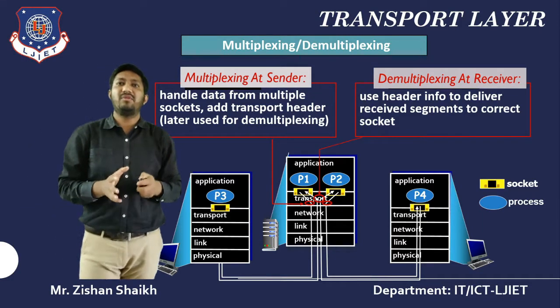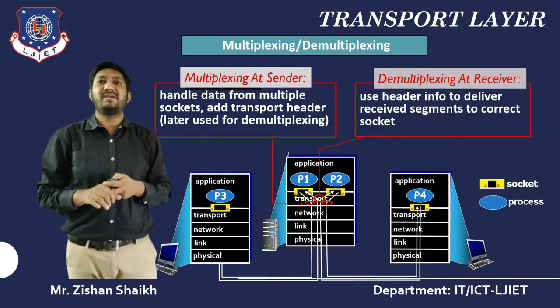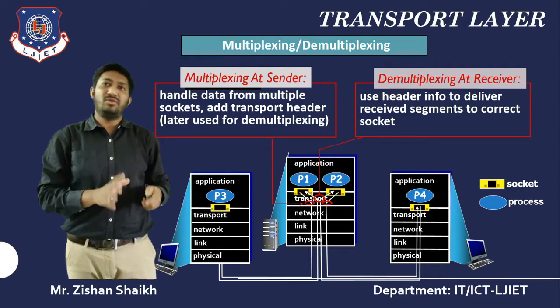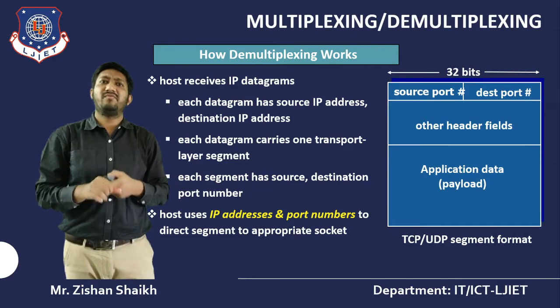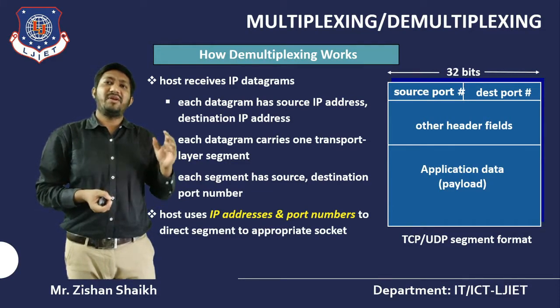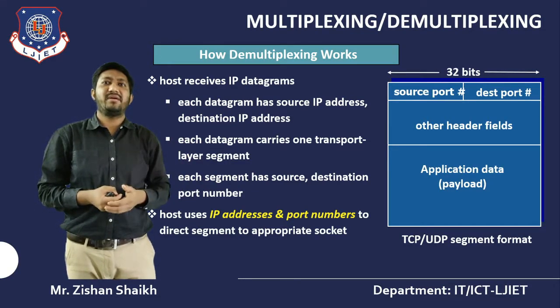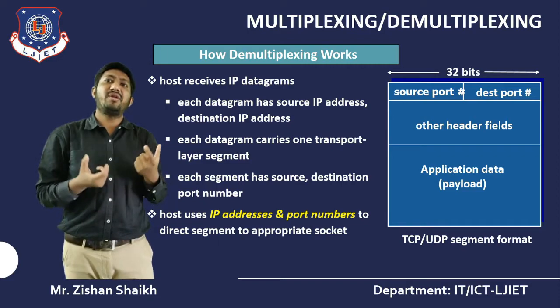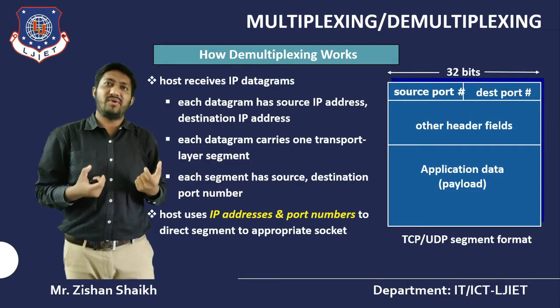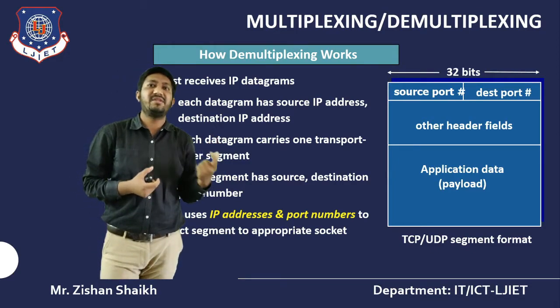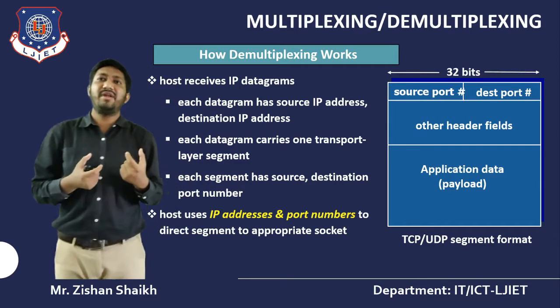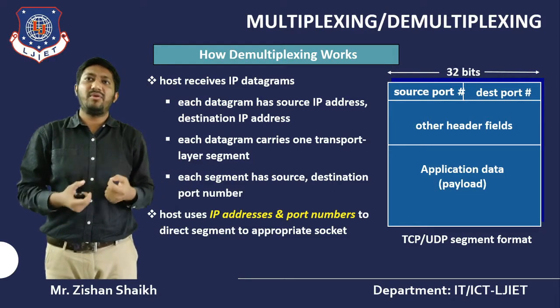Now let's understand how multiplexing and demultiplexing work in TCP and UDP. Let's understand how demultiplexing works here. When a user wants to send data, it requires some unique identifiers in the network, that is the source port number and destination port number, because we already know the IP addresses of those machines.